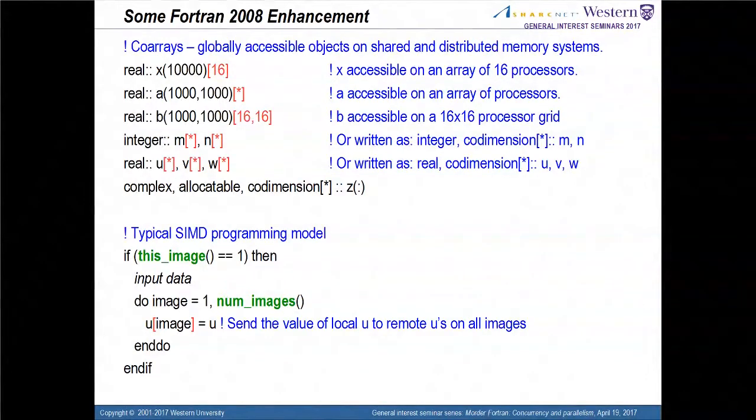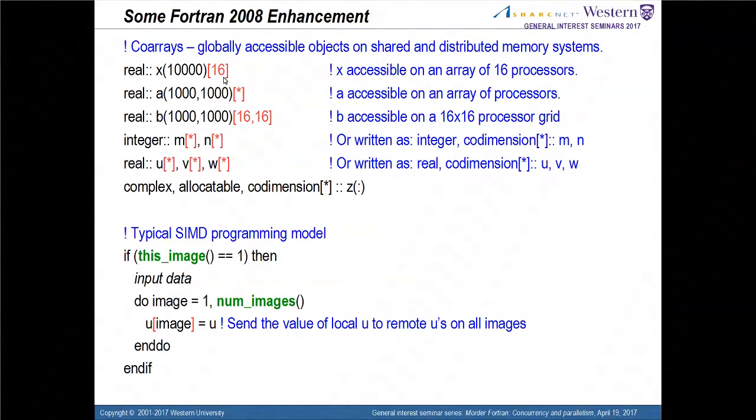And this makes parallel programming extremely convenient. These objects are called coarrays. Just a regular variable followed by square brackets, and then this variable is declared as a coarray, or shared object.